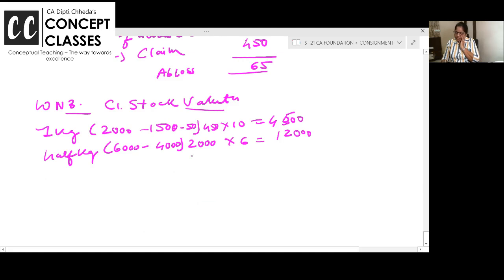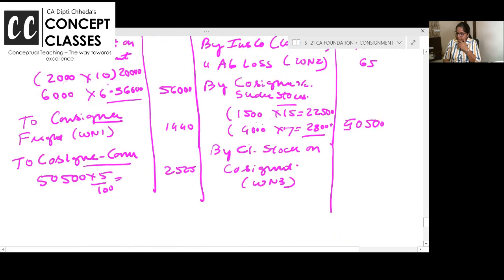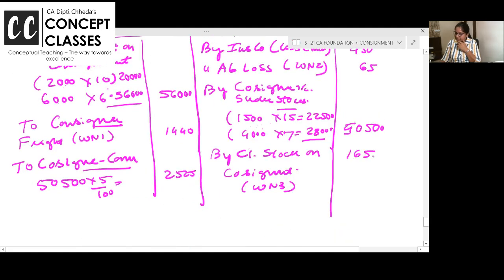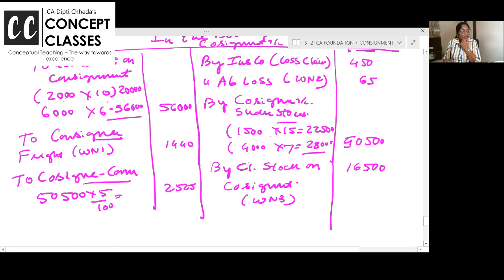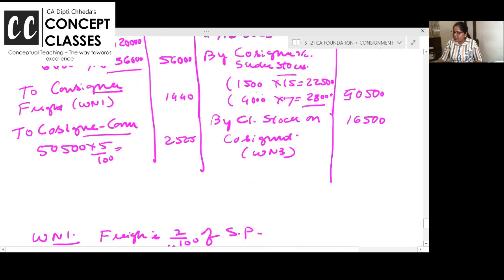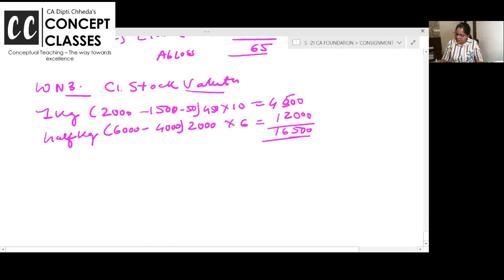So 450 are left, and 2,000. $16,500. Wait a minute, why am I messing up? Now that will also be added, no? Oh, in inventory 16,500 is the cost. That's correct.